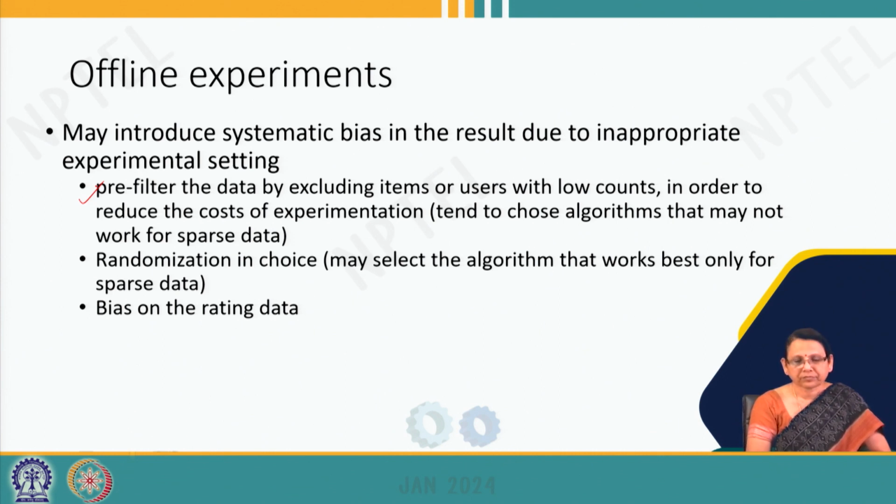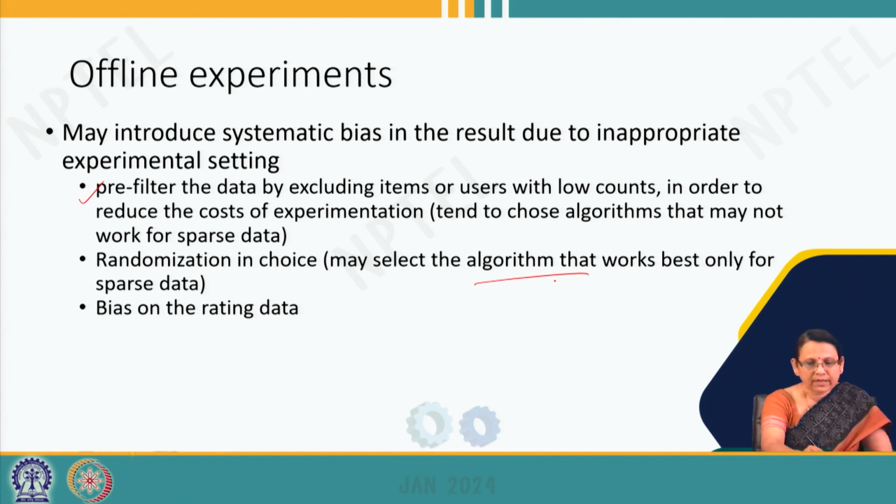Similarly, the experimenter may try randomization in choice. He understands the nature of the data and selects certain algorithm. Because this data set is a test data set, it may not actually represent the reality. So, you can introduce some bias in terms of randomness.